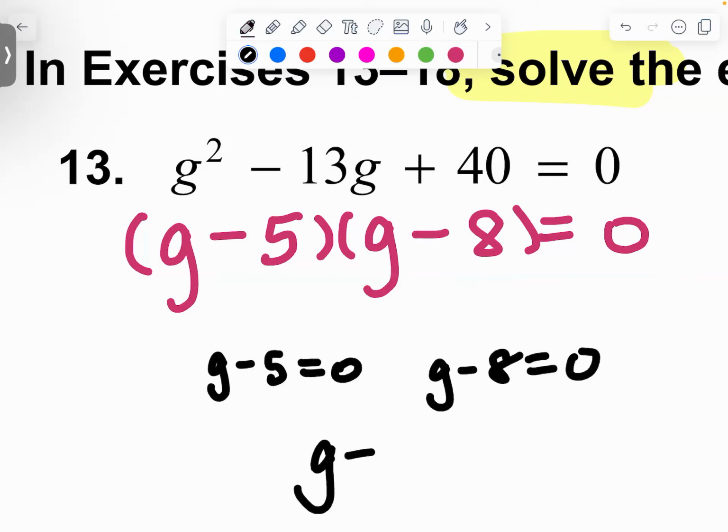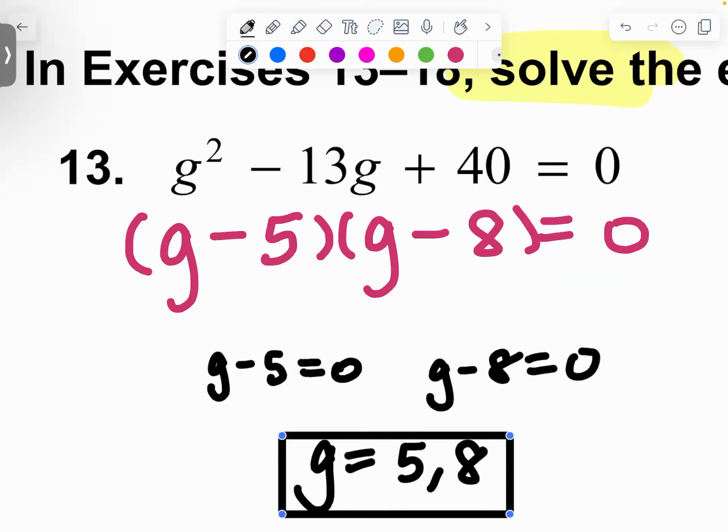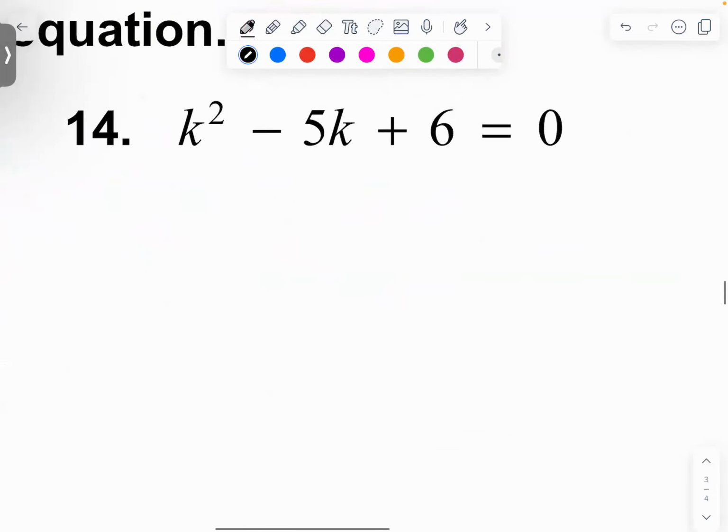So if we can factor and we're set equal to 0, we can use the zero product property. Isn't that great? I hear the excitement in your voice. You don't like it? Oh, this is the best.